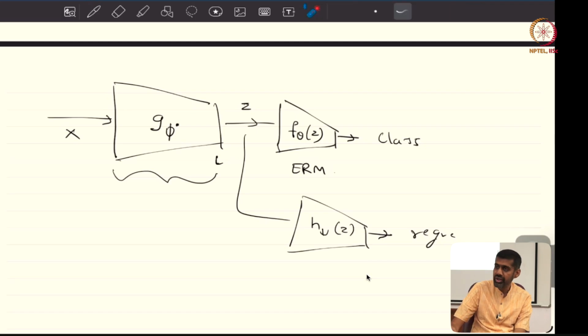When you do backpropagation, there is one path towards this task and one other path towards that task and so on. The only thing is the gradients will get added here before it goes to the input. That's it. So this paradigm is called multitask learning.